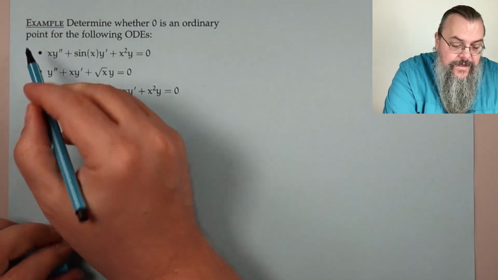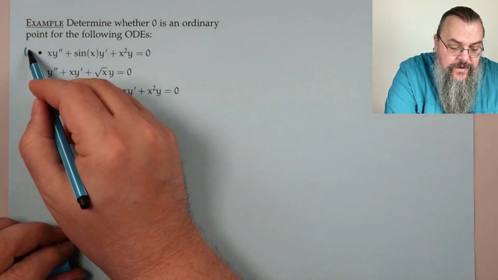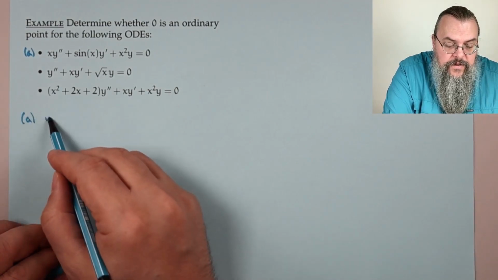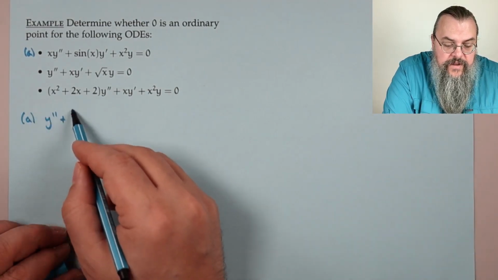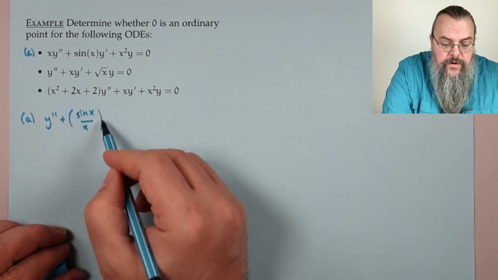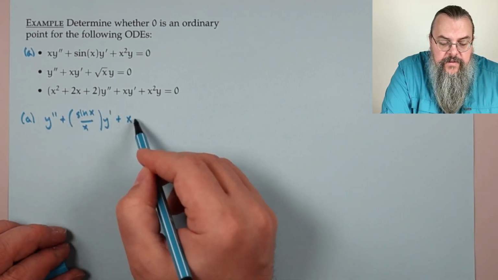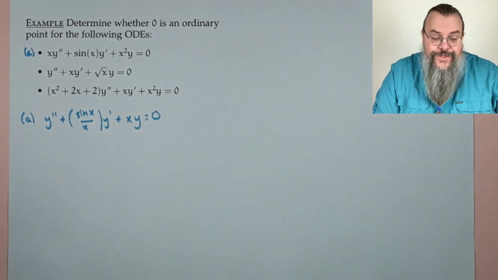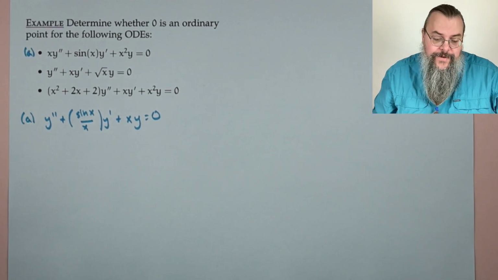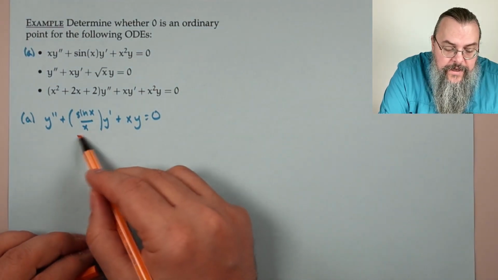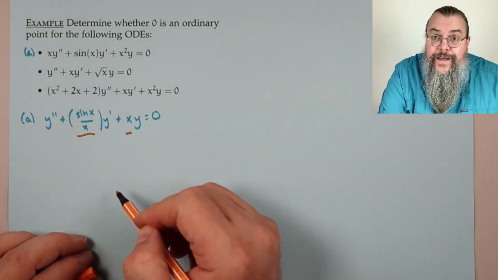So let's call this A. So for A, we would say this is y'' + (sin x / x)y' + xy = 0.